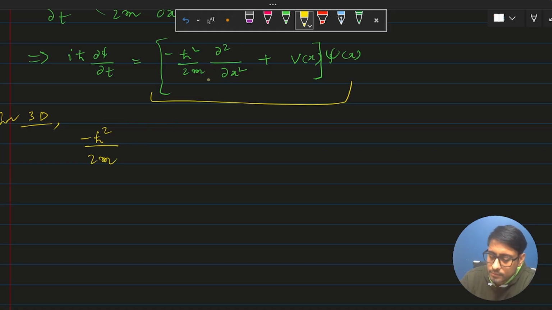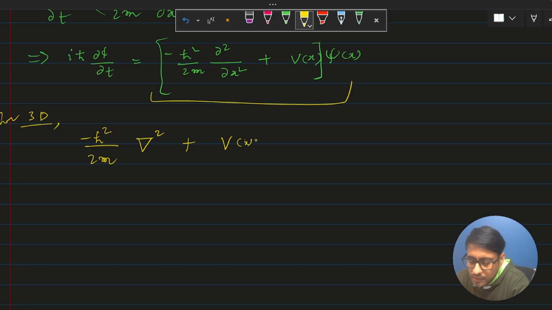Instead of this term we will be replacing it by the Laplacian del 2, or the del operator, sometimes we call del 2, and then plus this V(x). V, simply we write it as V or V(x). So now this V will become a function of r. So I'm simply writing it as V.